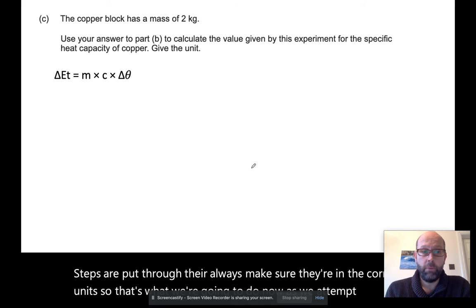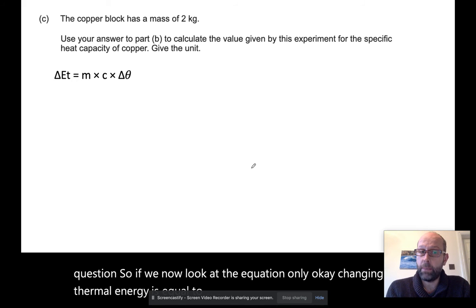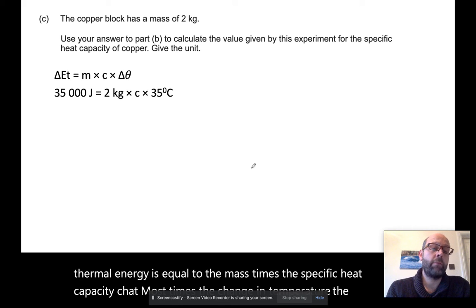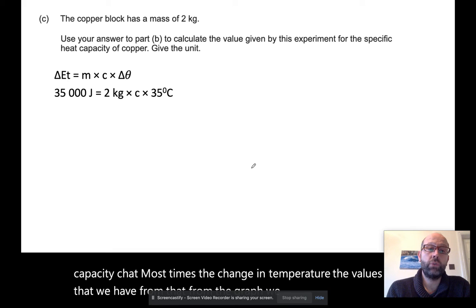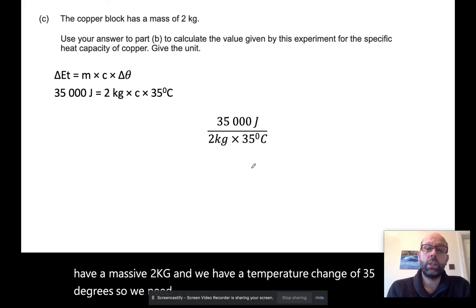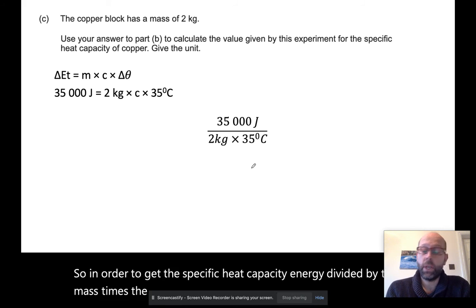So if we now look at the equation only, the change in thermal energy is equal to the mass times the specific heat capacity times the change in temperature. The values that we have from the graph: we have 35,000 joules, we have a mass of 2 kilograms, and we have a temperature change of 35 degrees. So we need to rearrange that equation. In order to get the specific heat capacity, energy divided by the mass times the change in temperature.